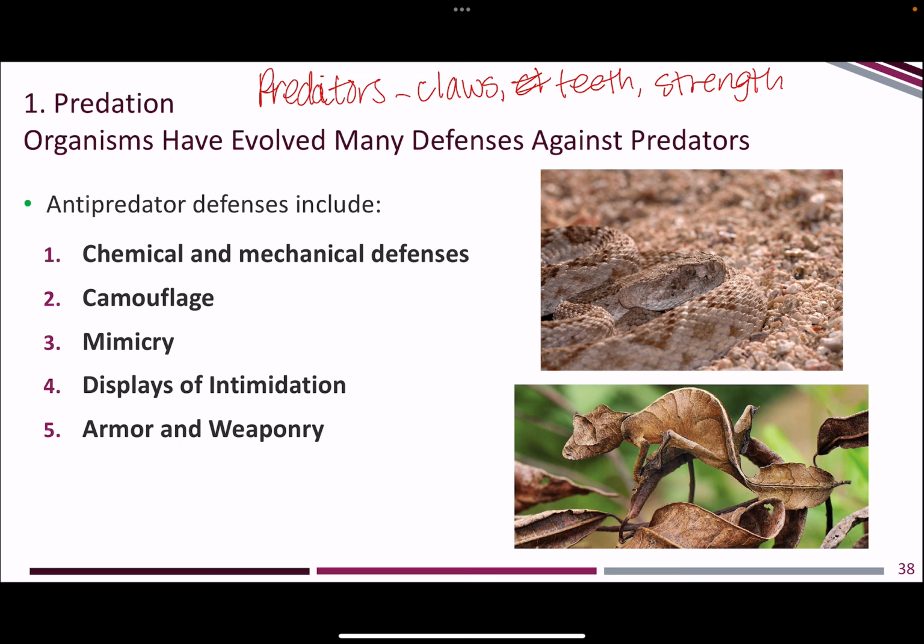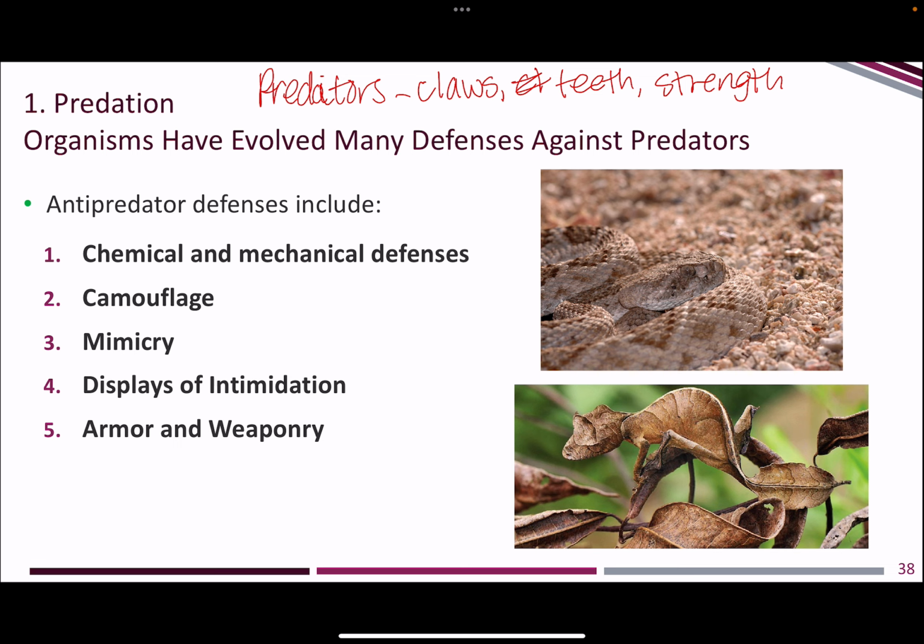We've got camouflage. So predators have evolved all of these great ways to kill their prey, but prey have also evolved all of these fancy mechanisms to evade their predators. So what we have over time is essentially a predator-prey arms race. One of them gets a little bit better at being a predator, so one of them gets a little bit better at not dying, and so on.